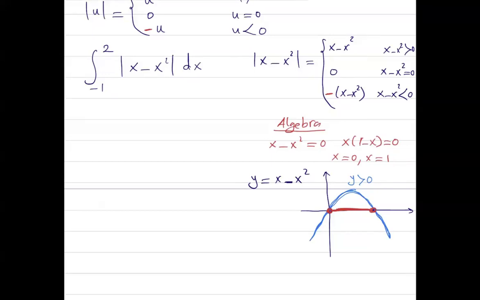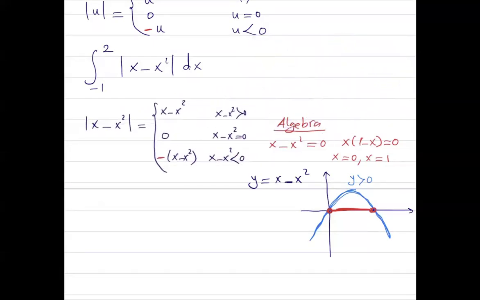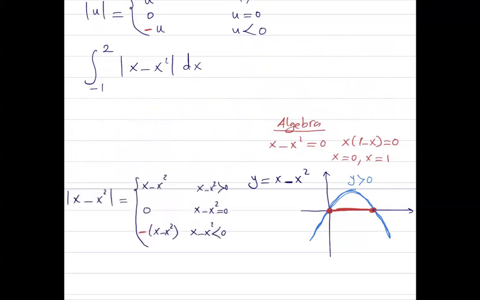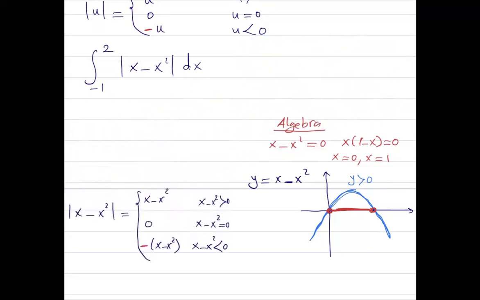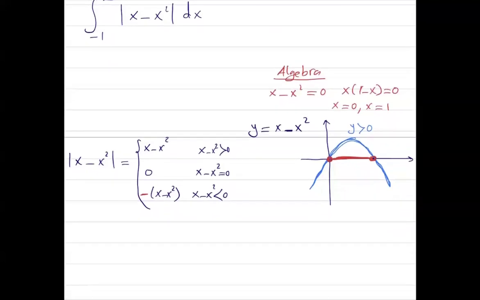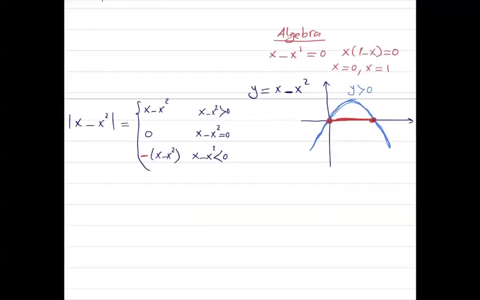Okay, so it helps us to simplify this absolute value a little bit. I'm going to rewrite this absolute value for you. Let me take this and move it down here so we can simplify this further, and then we go up to calculate the definite integral.